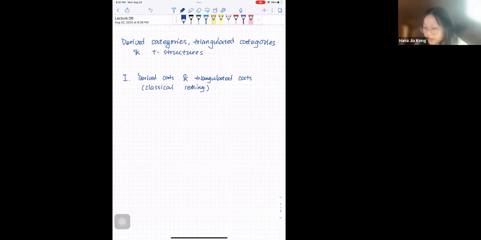I will start with derived categories and triangulated categories in the classical, ordinary categorical setting. So what is a derived category?